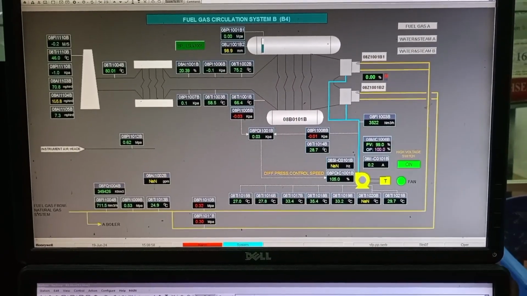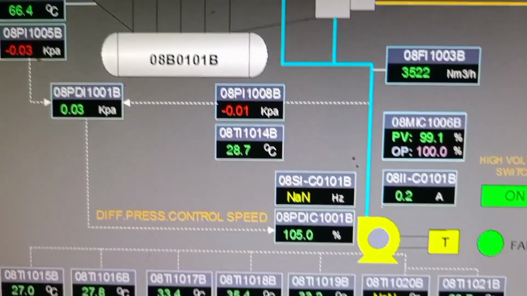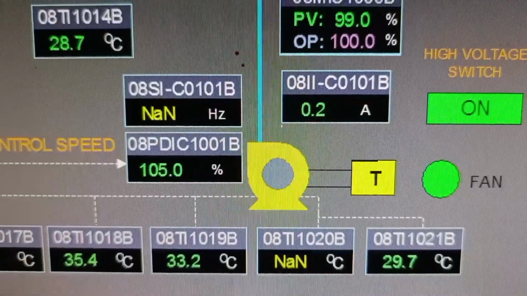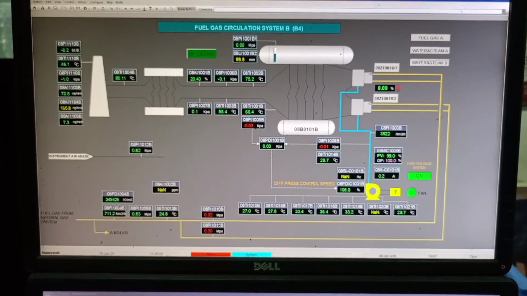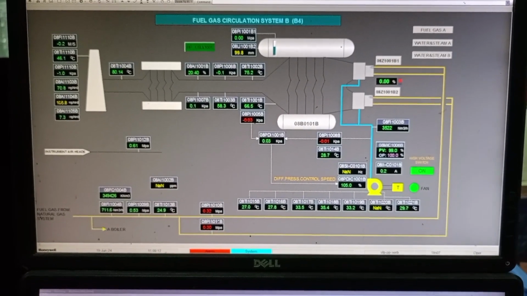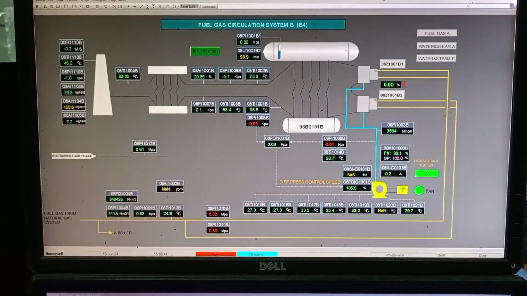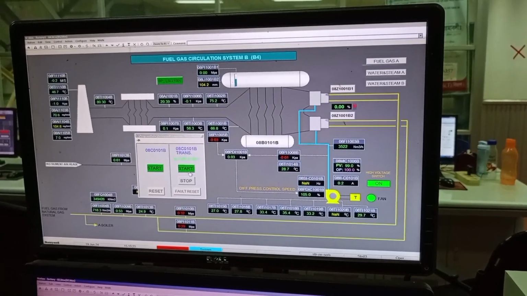This boiler is controlled by the DCS system, that means distributed control system. At first, to start the boiler, its forced draft fan is started to get sufficient air, and also this boiler is controlled by the burner management system.